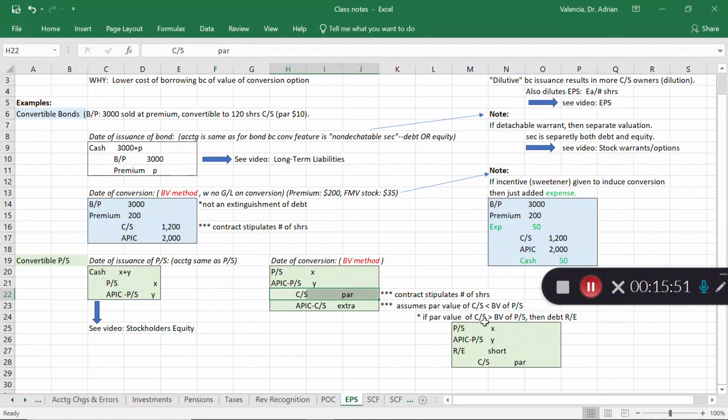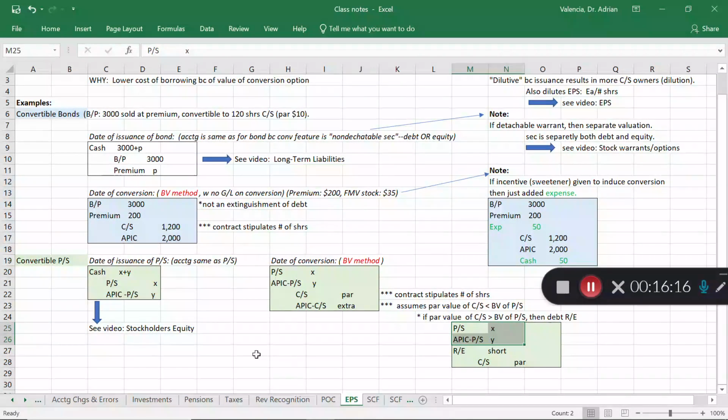If par value of the common stock is greater than the book value of preferred stock, then you debit the retained earnings. So I'm just showing you right here what it would look like. This is not the technical way of thinking about it, but just so that you can remember, if you do this calculation and the summation of this is smaller than this, then you need a debit to retained earnings. You don't have additional paid in capital.